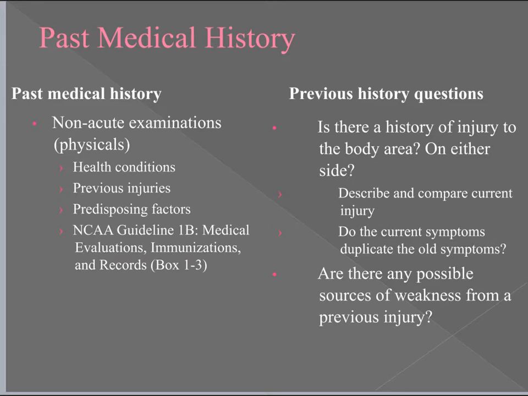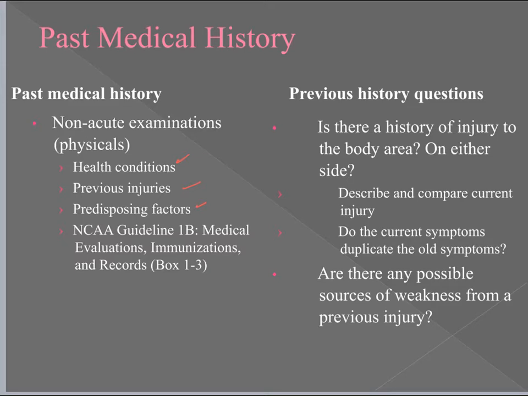So essentially with past medical history, what we're asking about or ascertaining is health conditions, previous injuries, any predisposing factors that they may have. So do they have hypertension? Did mom or dad have cancer and now they're predisposed to that type of cancer? History of previous heart attacks in their family, things like that, right?